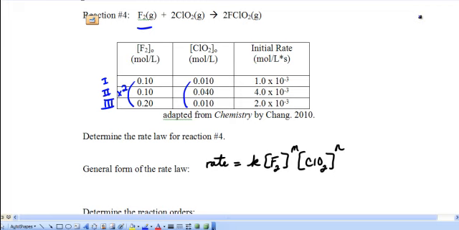If you compare 1 and 3 in terms of the rate, it goes from 1 up to 2, so that also doubles. So therefore, it is first order with respect to the fluorine.